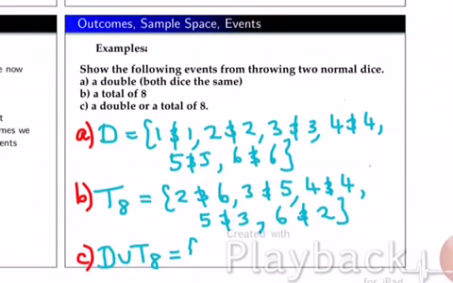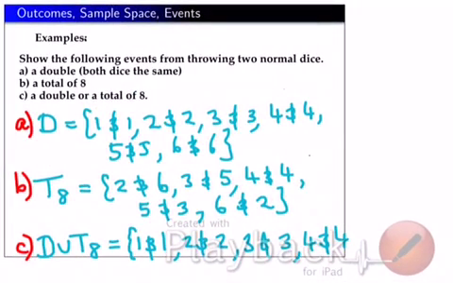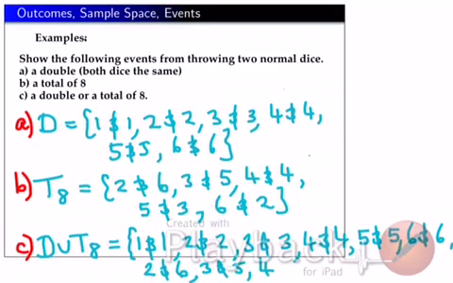So this is kind of going to go off the page, but anyway, 1 and 1, 2 and 2, 3 and 3, 4 and 4, 5 and 5, 6 and 6, 2 and 6, because this is my total of 8, 3 and 5, 4 and 4, 5 and 3, and last 6 and 2.